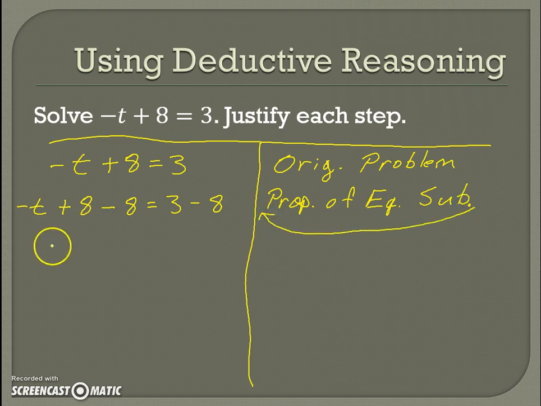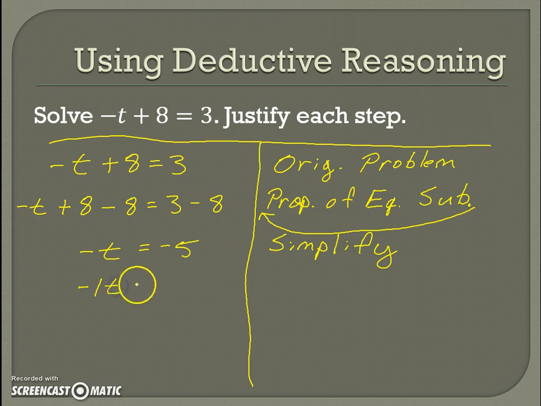Okay, and then here we simplify through subtraction. So 8 minus 8 is 0. I'm left with negative t equals negative 5. So what you'd write here, the book goes into a little bit more detail on that. For me, you could just write simplify. That's good enough. And then from here, you have to realize that this negative actually means negative 1.